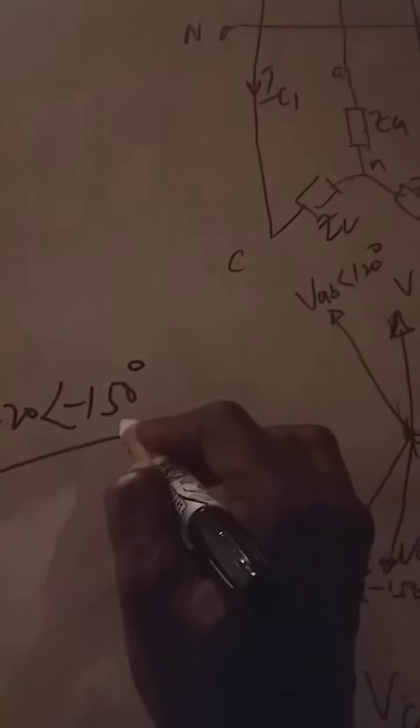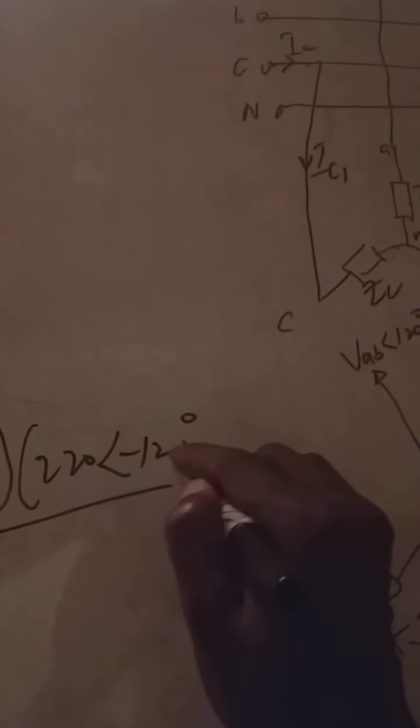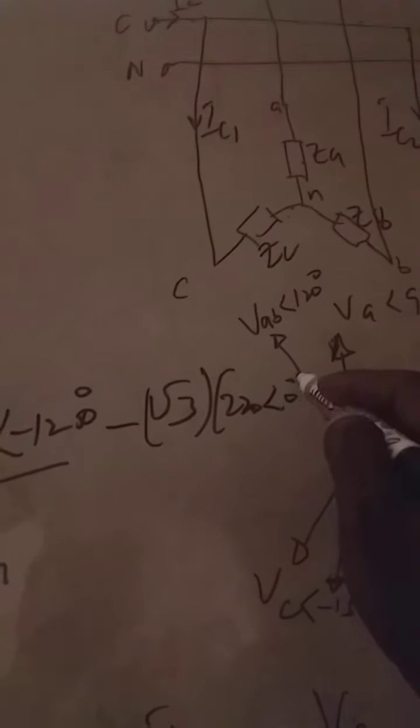Let's not forget that we divide them. Let me write it out here. Our VCA, which is √3 times 220 at angle minus 120 degrees, divided by ZCA, minus √3 times 220 at angle 0 degrees, divided by ZBC.